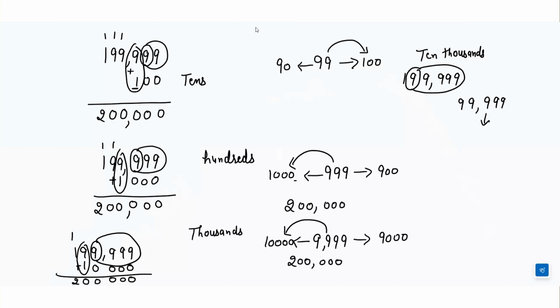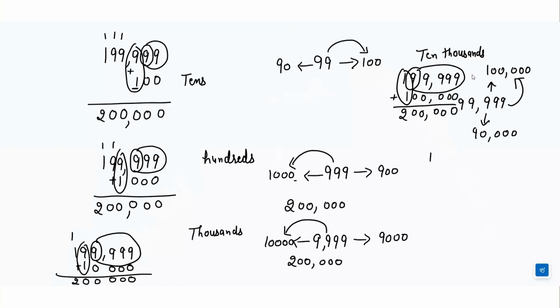So is it close to 90,000 or is it close to 100,000? So you will see it is close to 100,000. So I will write down here 0, 0, 0, comma 0, 0, 1. I will add here this 1 along with 1 and the rest will be zeros. So again I will get here 200,000.